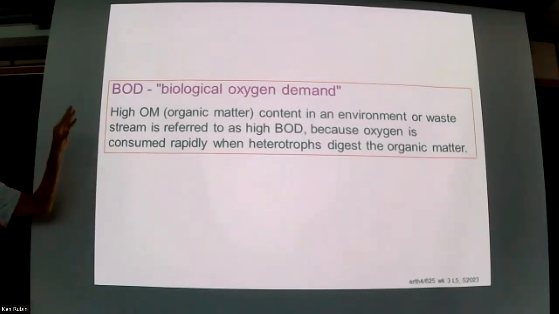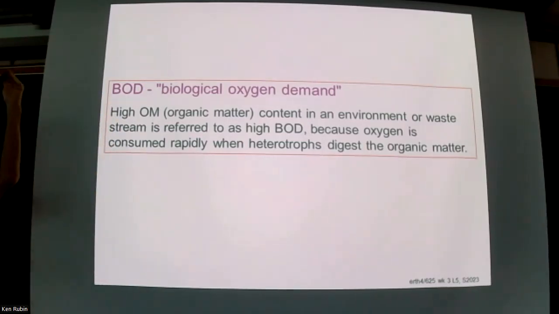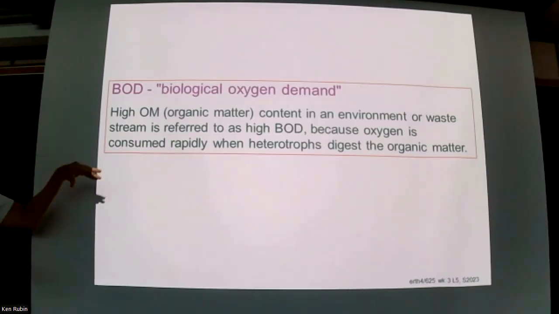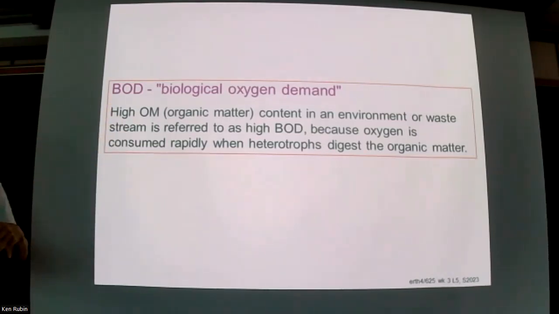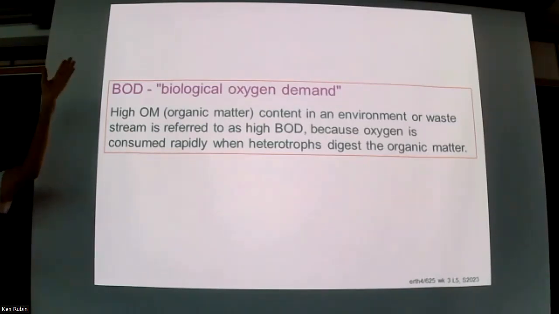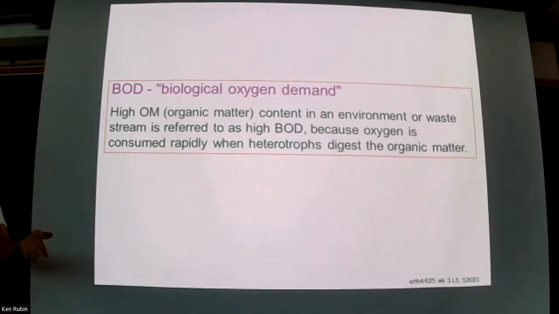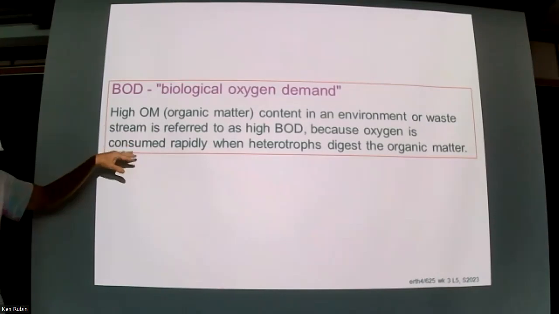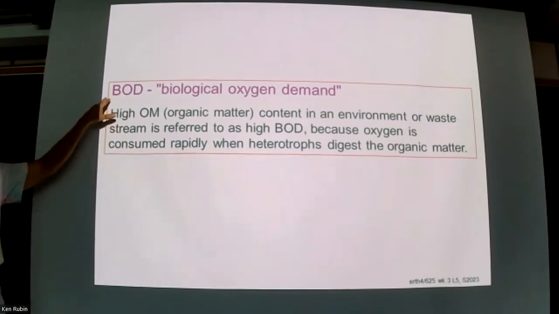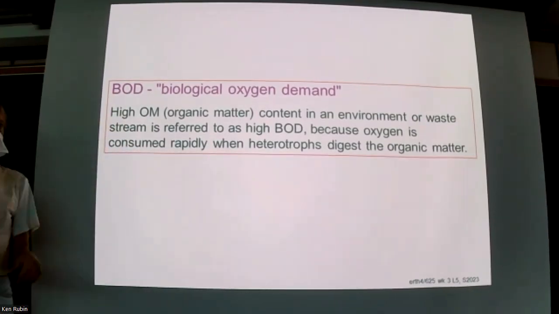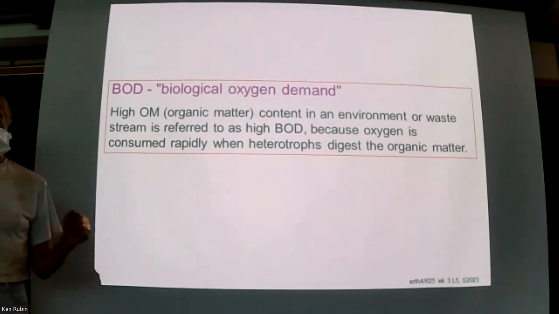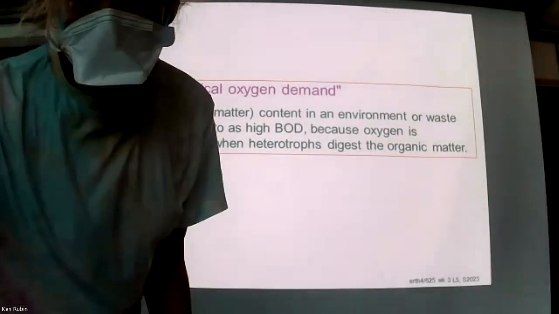We can have our BOD exceed the amount of oxygen in the environment, and in that case, we go down the redox ladder. If our BOD is high, but we can keep putting more oxygen in from the atmosphere, we won't go down the redox ladder. That's really the primary difference. So BOD is an environmental parameter, which really means how much organic matter is there relative to how much oxygen.